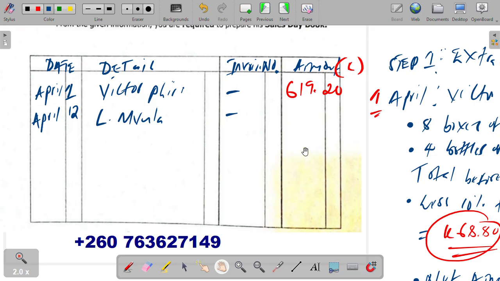Okay, amount, there was no trade discount, so we just record the same amount, which was, okay, let me just write it here properly, which is 1,700.